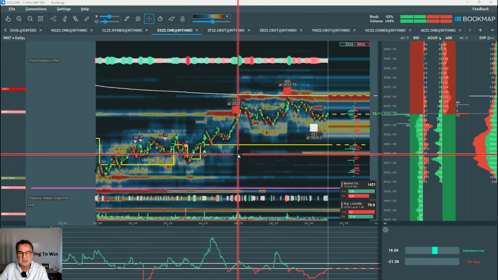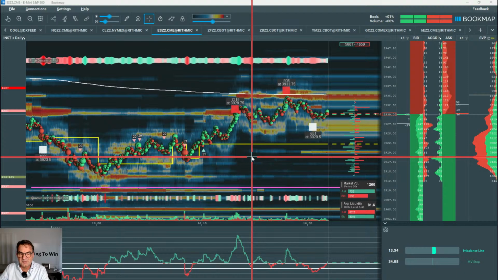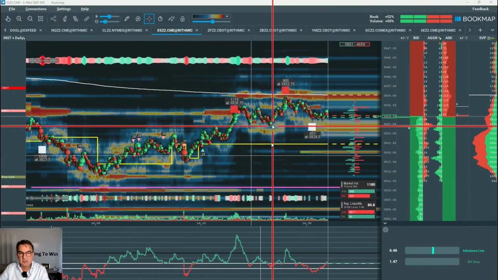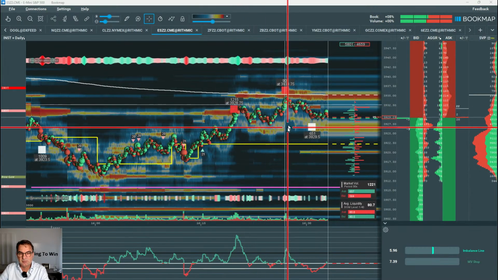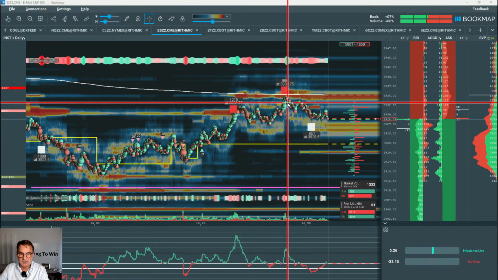But in most cases, if you understand the market mechanics, you will make money. You will make money with that, with Bookmap, TradeFinder, and the proper and right understanding of how the market works. That's good.